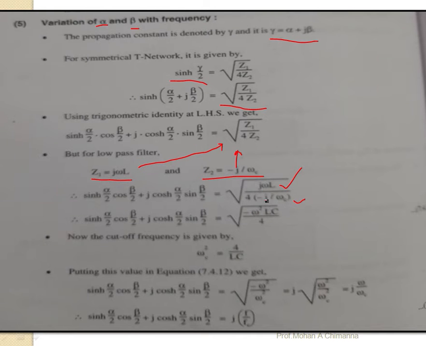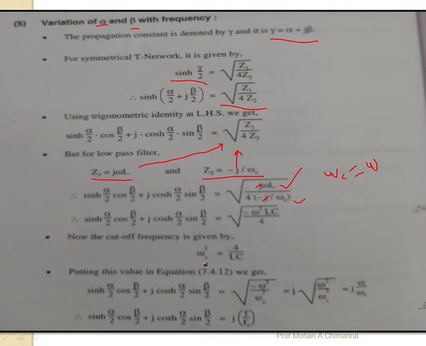The j and the minus sign cancel together, and we consider omega c, which gives minus omega square LC upon 4. Now the cutoff frequency is given.